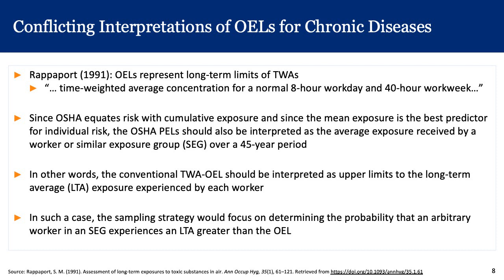In other words, the conventional time-weighted average OEL should be interpreted as the upper limit to the long-term average exposure experienced by each worker. And so in such a case, a sampling strategy would focus on determining the probability that any worker in an SEG experiences a long-term average that is greater than the OEL. So this is all one interpretation of what an OEL means.